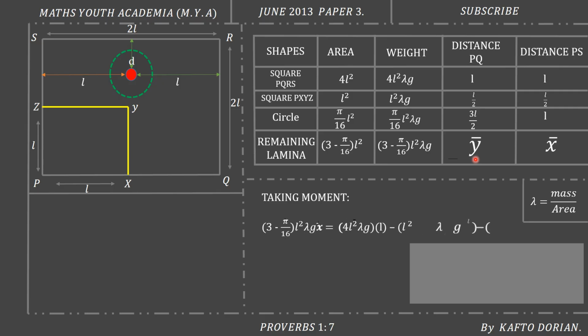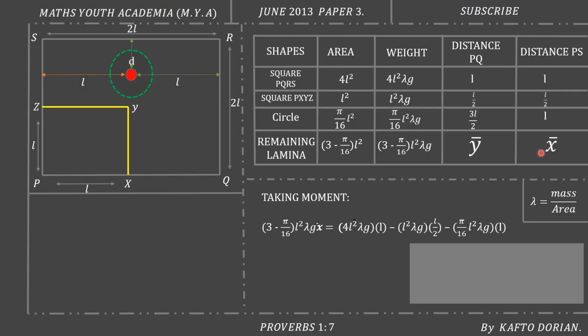Taking the moment, I will start with the distance from PS. The moment is force times distance. I start with my first force, (3 minus pi/16) L squared lambda g, multiplied by my first distance, x bar.